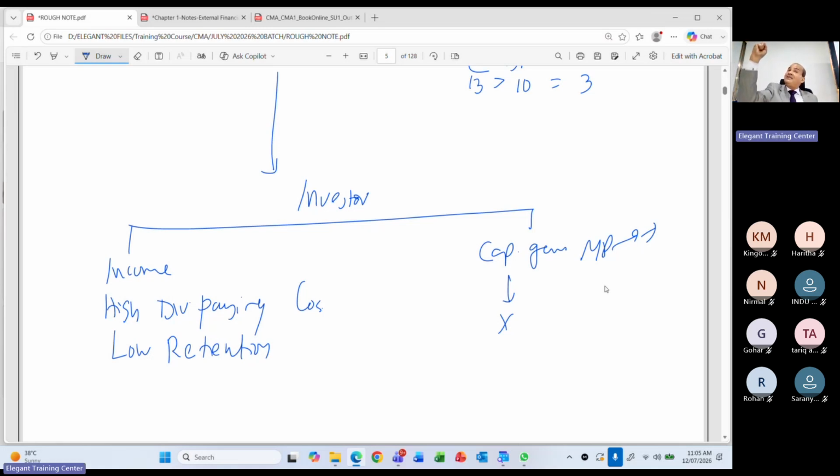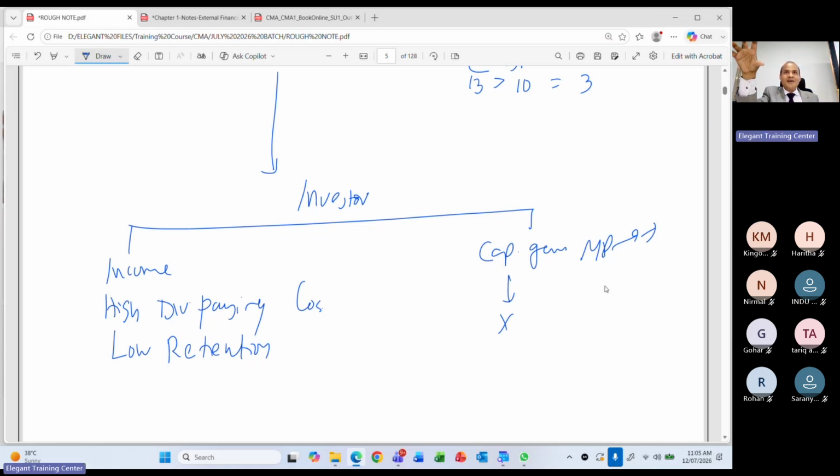Higher retention means lower payout. Higher payout means lower retention. If retention is higher, the company is on a growth path. The company is going to expand, which means there are capital appreciation opportunities.